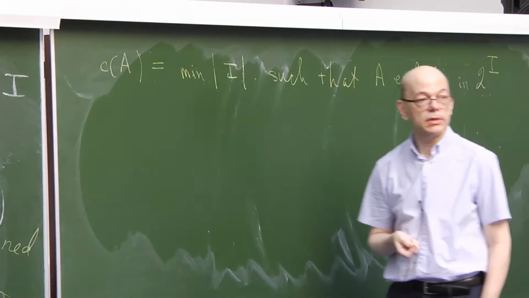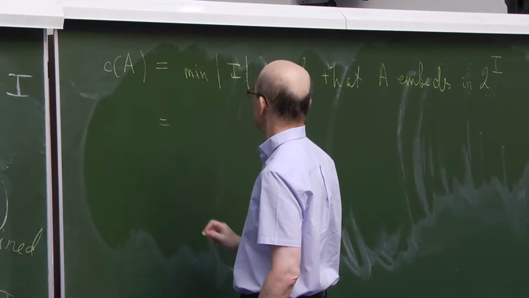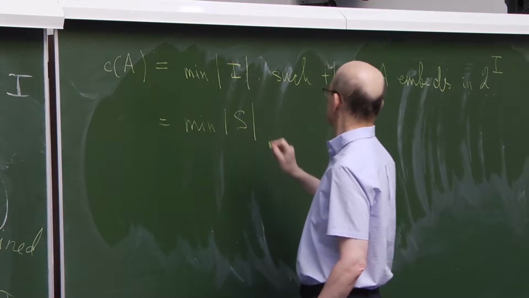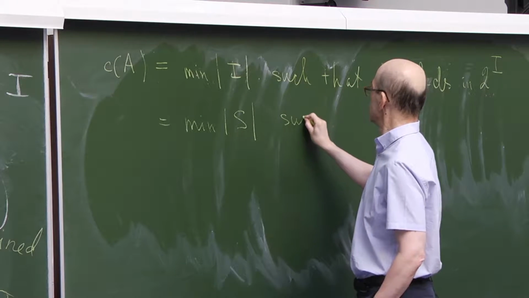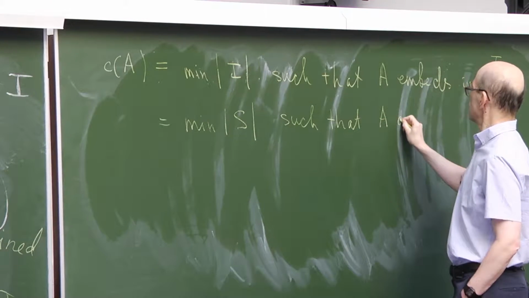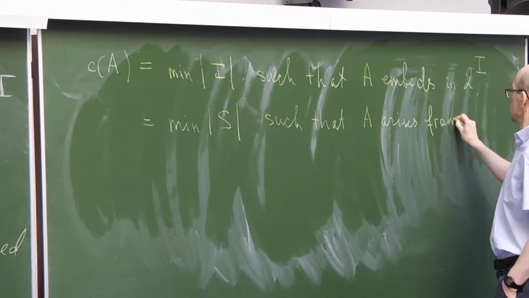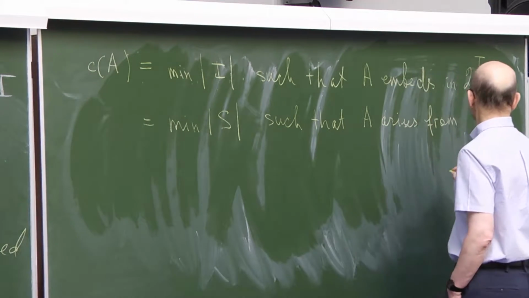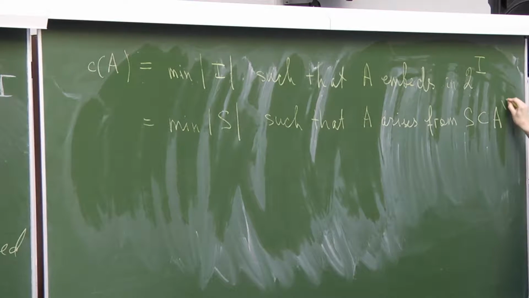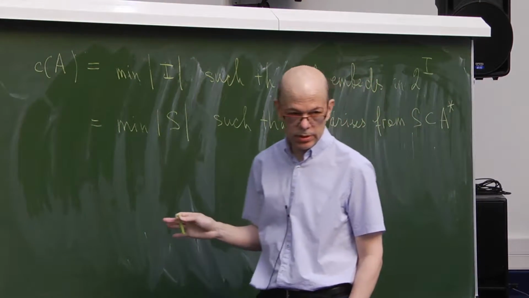That's a non-trivial invariant, difficult to compute. Equivalently, you can define it as a minimal number of elements in the set S, such that A arises from S. So S is a subset of the dual vector space, and A arises from this particular subset by the construction which I described.